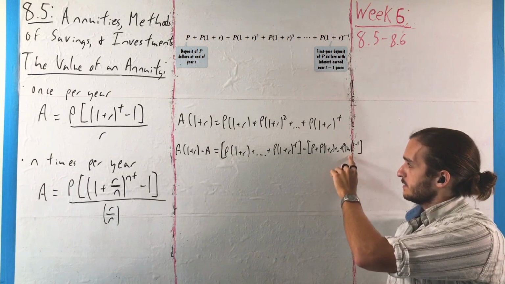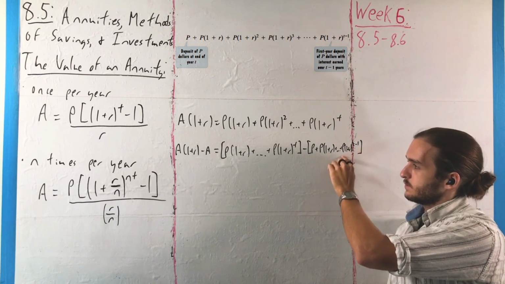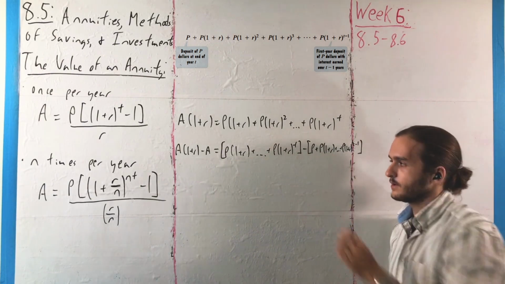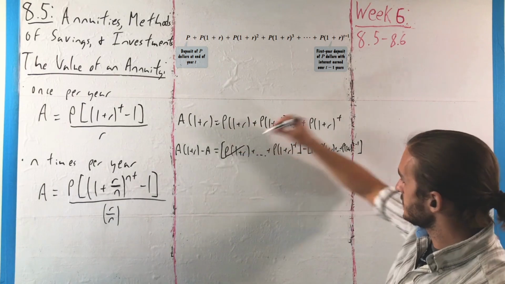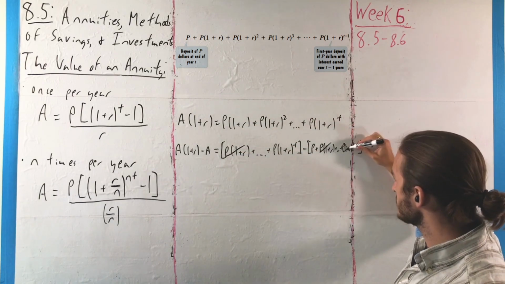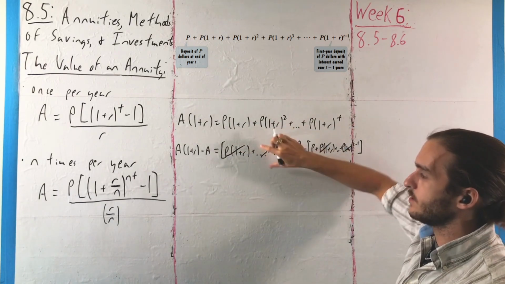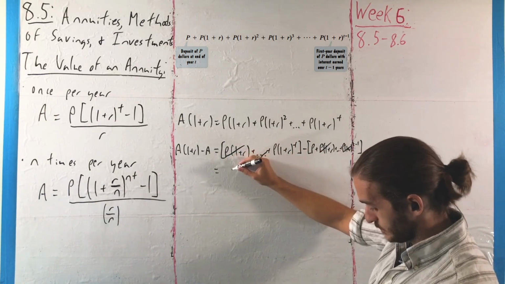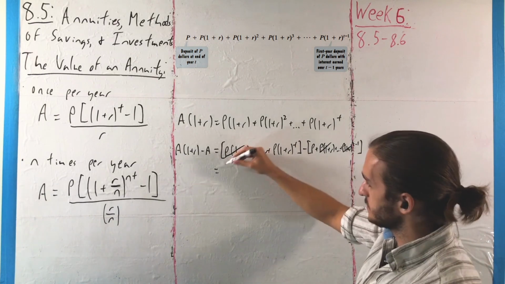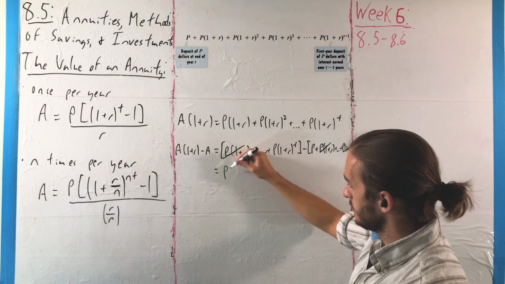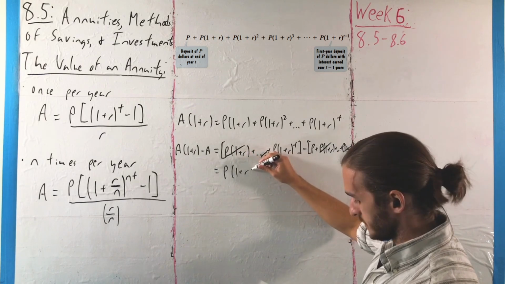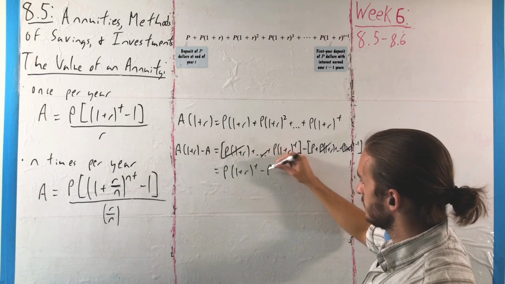There's going to be a 1 plus R to the T minus 1 and a P hidden in there, and everything else in the middle is also going to get canceled. So all we're going to be left with is just the value P times 1 plus R raised to the T minus P.